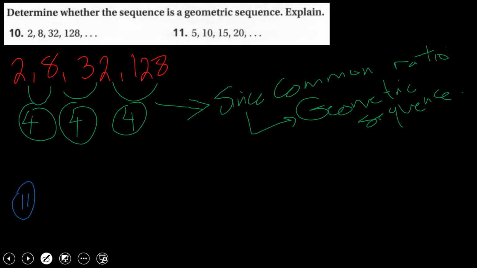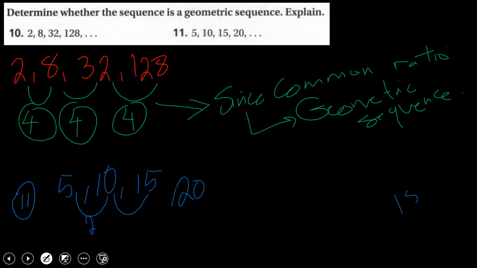Let's see number 11. We have 5, 10, 15, and 20. 10 divided by 5 is 2. 15 divided by 10, let's divide it here. I just put a decimal point here, so it is 1.5. Are they the same?